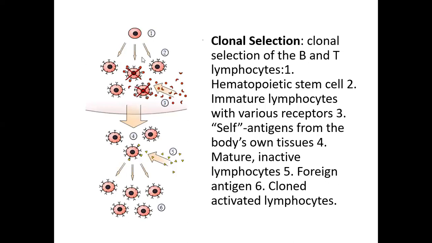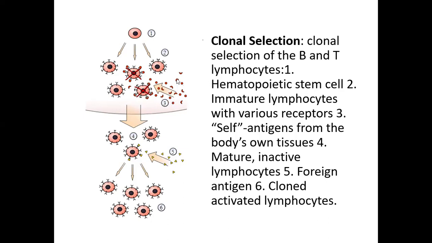So here we can see the process of selection, clonal selection of the B and T lymphocytes. First, the hematopoietic stem cell, the cell from which all blood cells will be created. And second, an immature lymphocyte with various receptors. And here you can see self antigen.